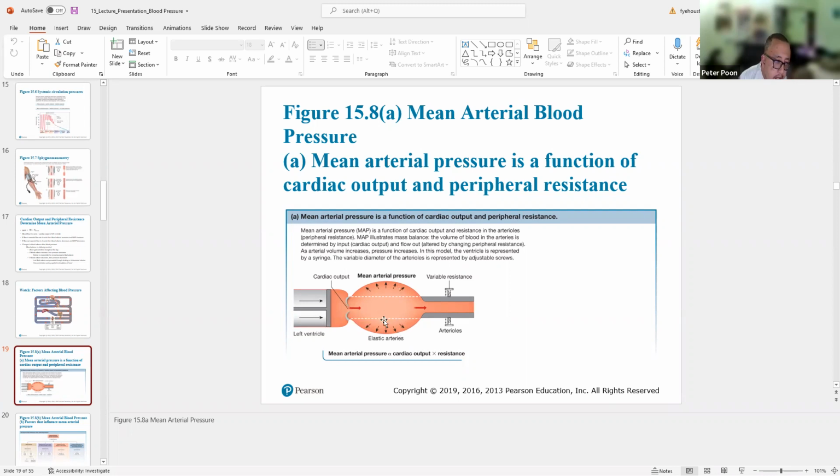This is the mean arterial pressure. This is the resistance, right? If I crank these screws and screw this down a little bit more, what will happen? Or if I push this a little harder, what will happen? If I increase resistance, I increase the mean arterial pressure. If I increase cardiac output, I increase the blood pressure.